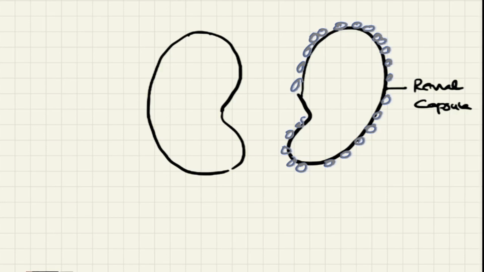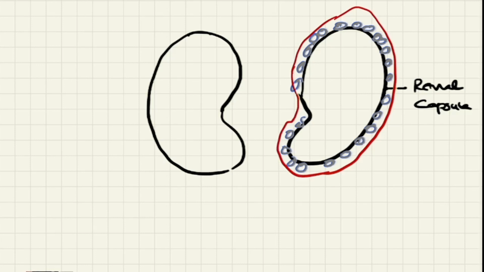And surrounding this there is a renal fascia which encapsulates the kidneys, and above the kidney you have got the suprarenal gland. So kidney has got 3 layers.